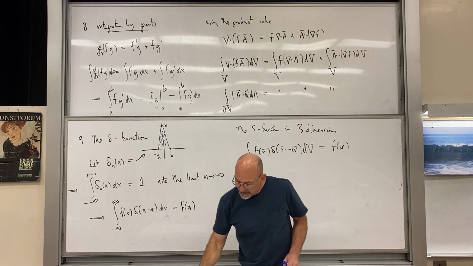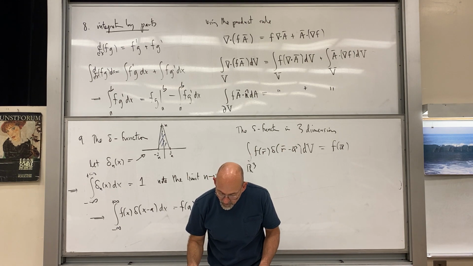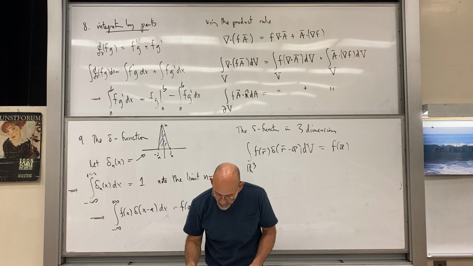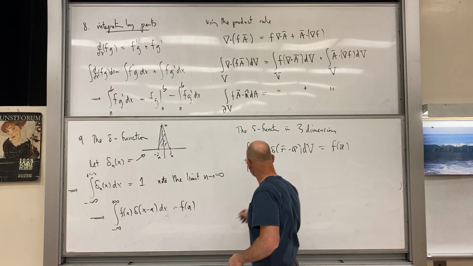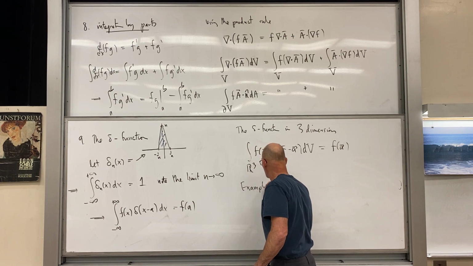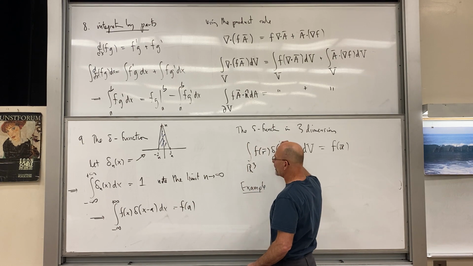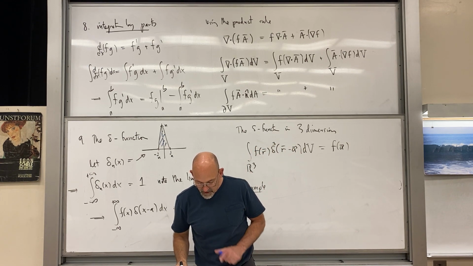I'm just going to give a couple of examples. And by the way, we call this delta cubed, right? That's what we have here. So here's one example.